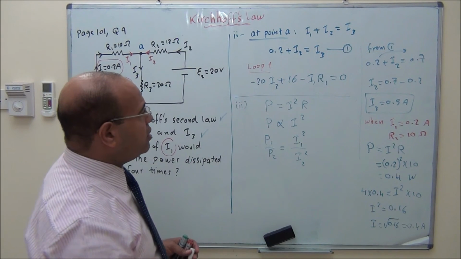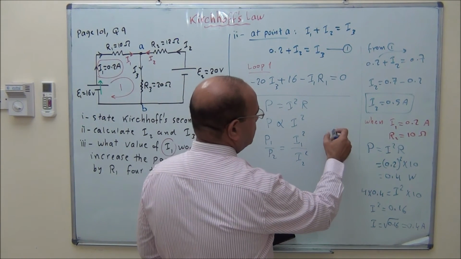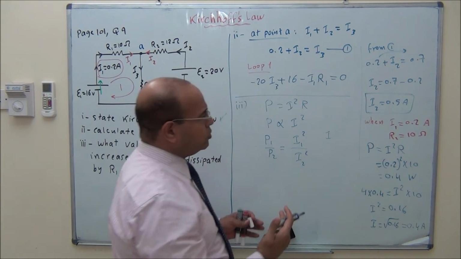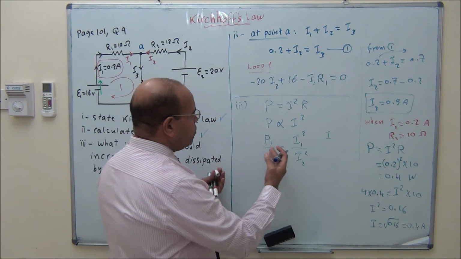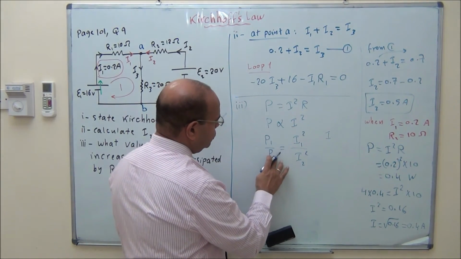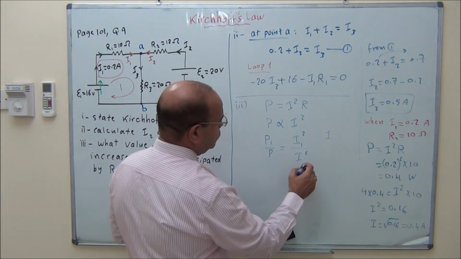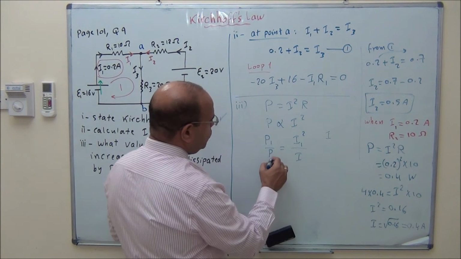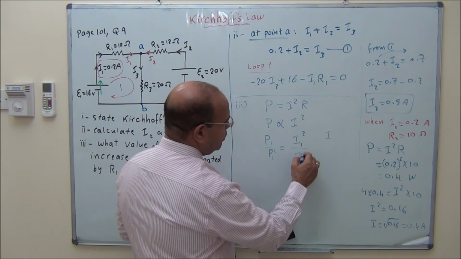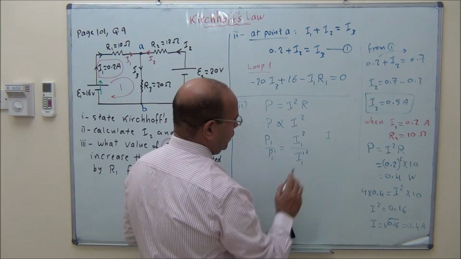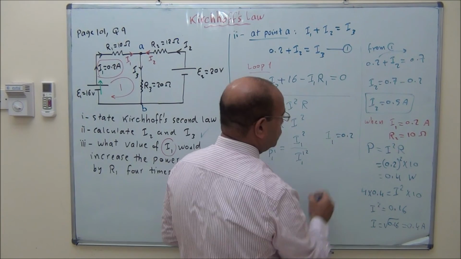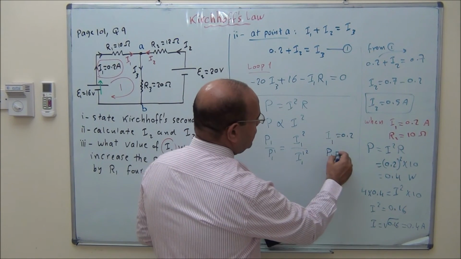To not confuse between I1 and I2, we can say P1 and P1 dash, I1 and I1 dash squared. So, when I1 equals 0.2, the power P1 equals P.